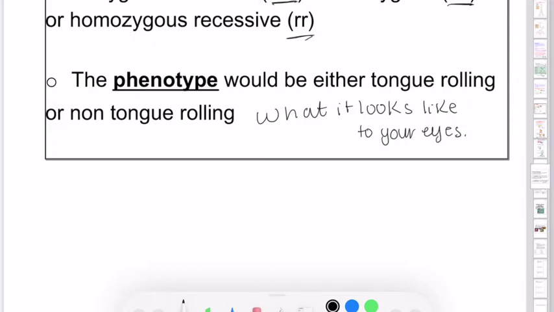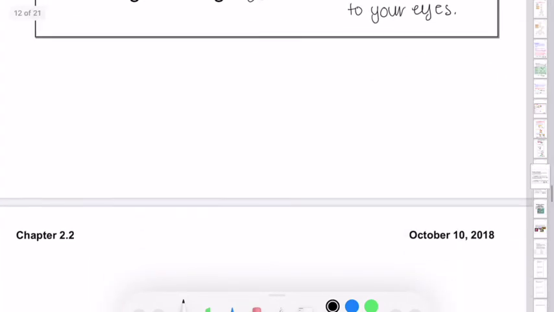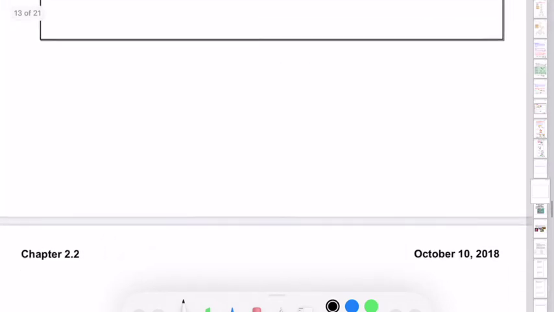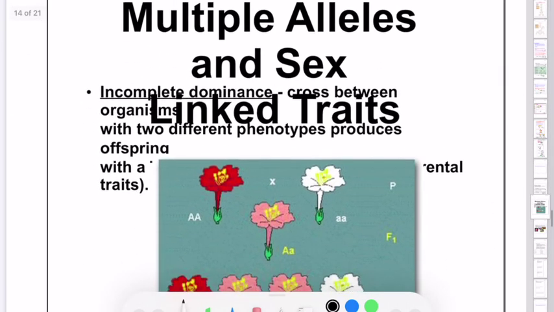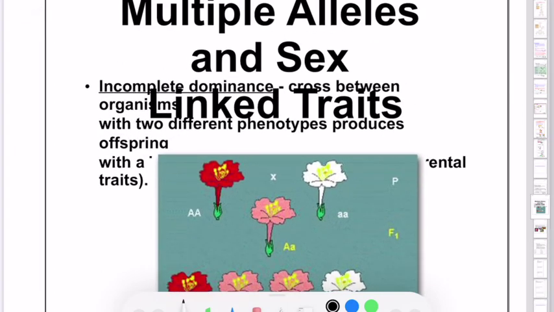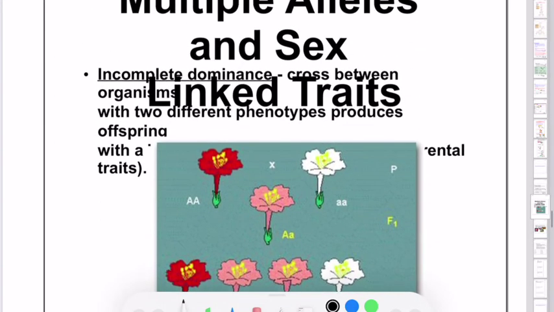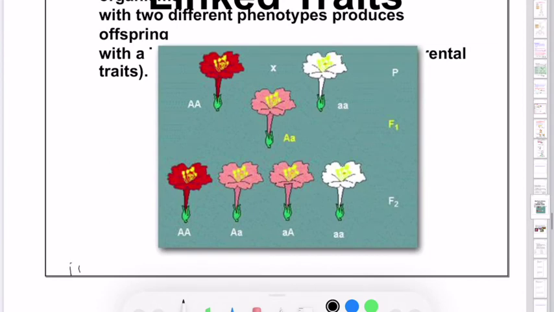Okay, that is that. So multiple alleles and sex-linked traits. It says incomplete dominance is a cross between organisms with two different phenotypes that produce an offspring that has a different phenotype than the parent. It's sort of cut off there, but the point is that incomplete dominance is basically you're creating a third genotype.